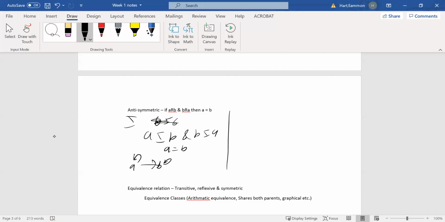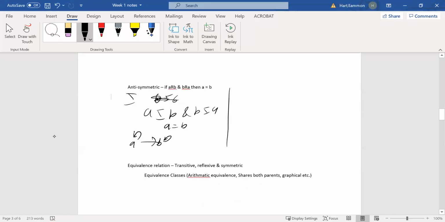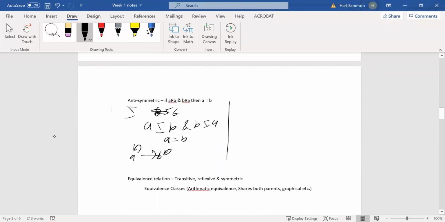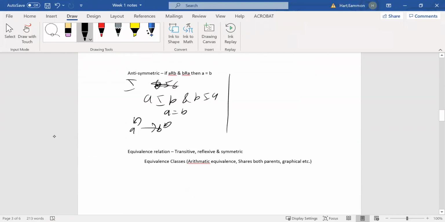Maybe I should name them differently, but most of the relations that we've talked about so far have not been anti-symmetric. So shares both parents, shares one parent.